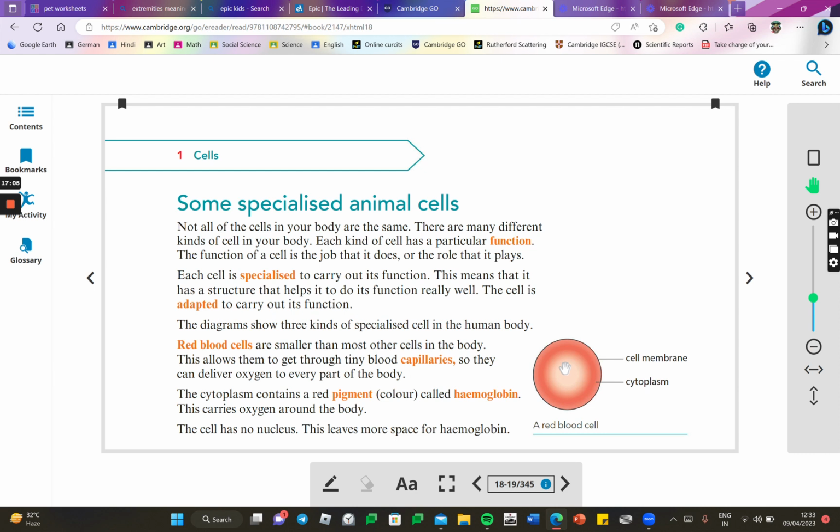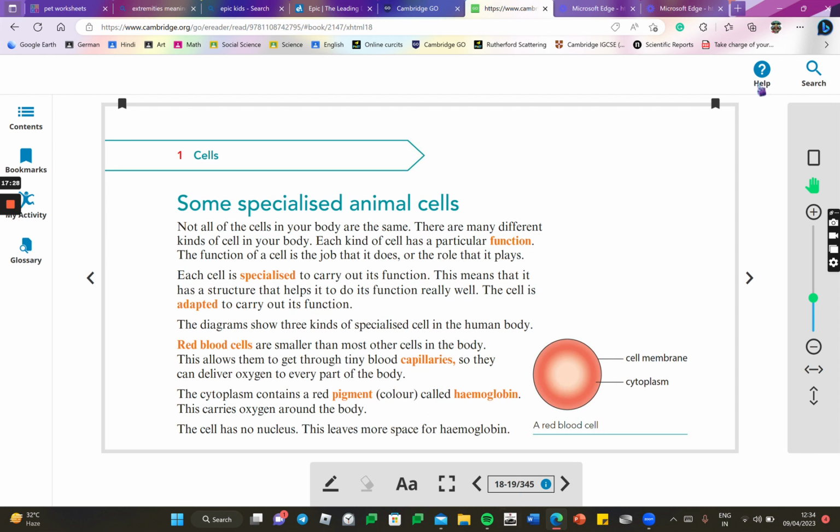Red blood cells are smaller than most other cells in the body. This allows them to get through tiny blood capillaries so they can deliver oxygen to every part of the body. Now, I think you all can see this diagram of a red blood cell. A red blood cell doesn't have a nucleus, it has cytoplasm and a cell membrane.